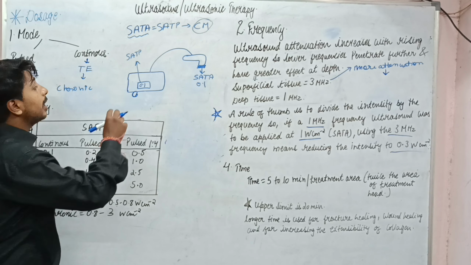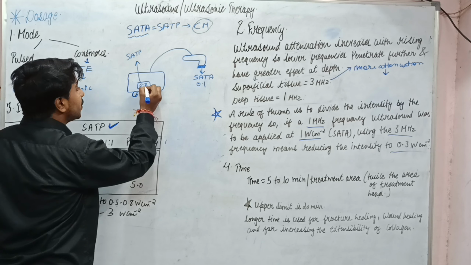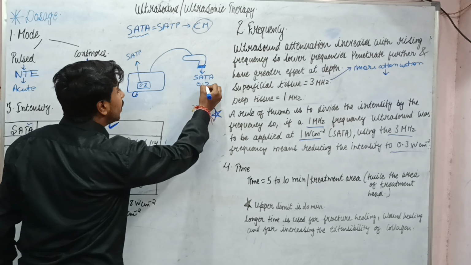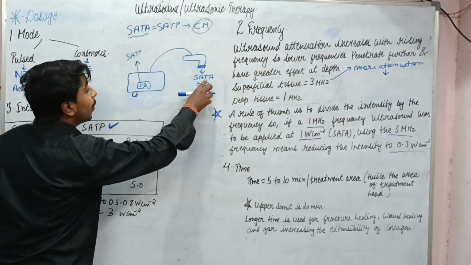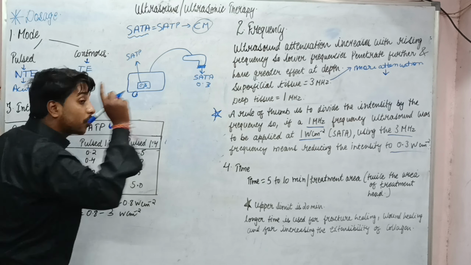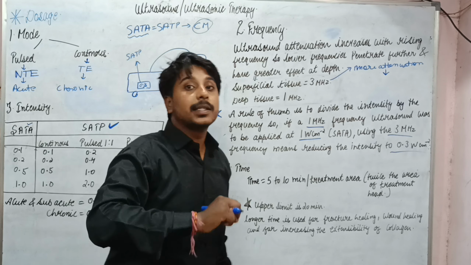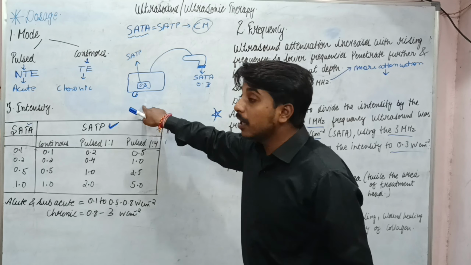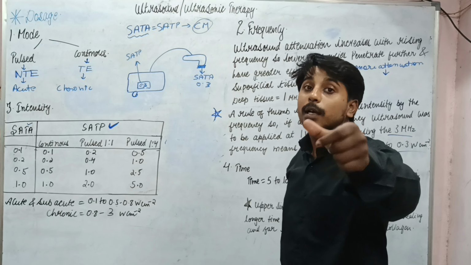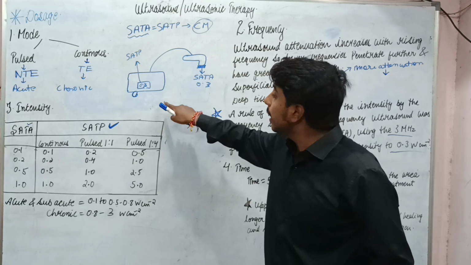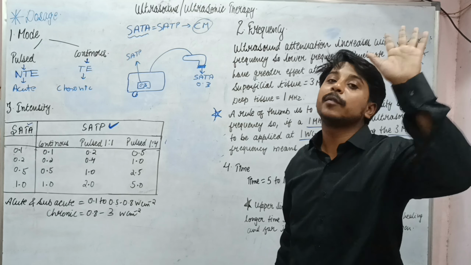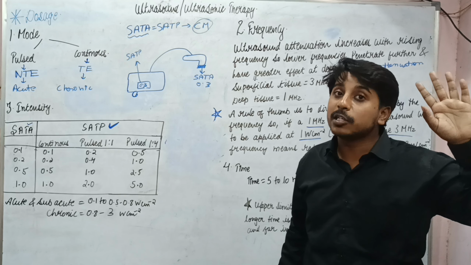Then I again increased the intensity. Here comes 0.2. Here also intensity will be 0.2. Then I again increase the intensity 0.3. So here the conclusion is that what you are giving, that is you are rotating the knob to increase the intensity, that intensity is only what is emitted by the transducer head.